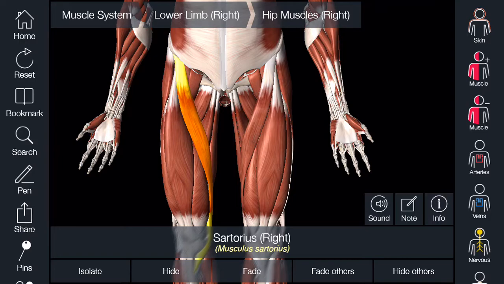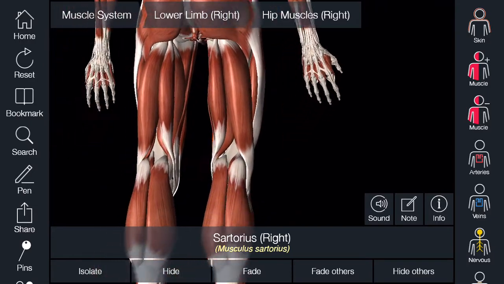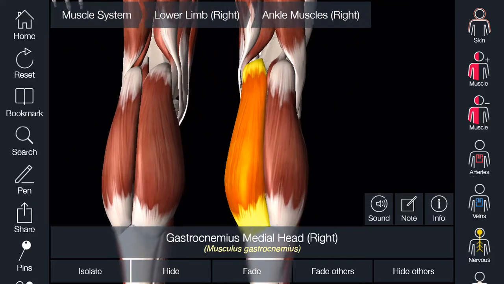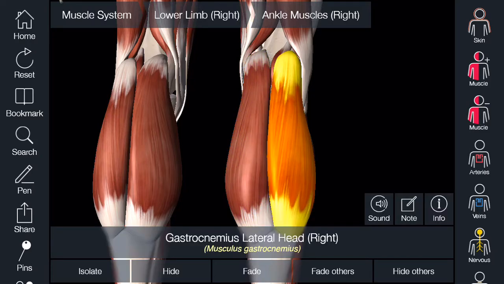Gastrocnemius, otherwise known as your calf. There you go. Gastrocnemius, your calf muscles. The action of that is plantar flexion of the foot. The origin is the femur, and the insertion point is the calcaneus.